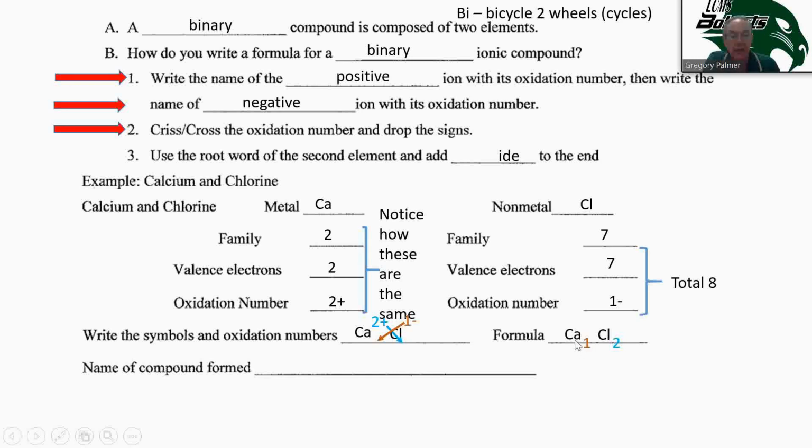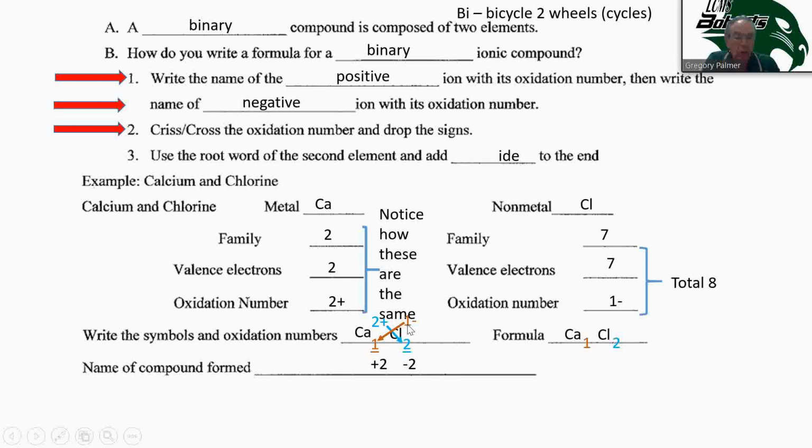Now, we also said that ionic compounds are neutral. So let's take a look at the formula. The formula says there's 1 calcium in the formula, and each calcium is an ion, has a charge of 2+. So the calcium has its charge of 2+, and there's 1 of them, so it's a 2+. The chlorine, we said, has a charge of 1 negative. And when we crisscross the number and the sign, we said there should be 2 in the formula.